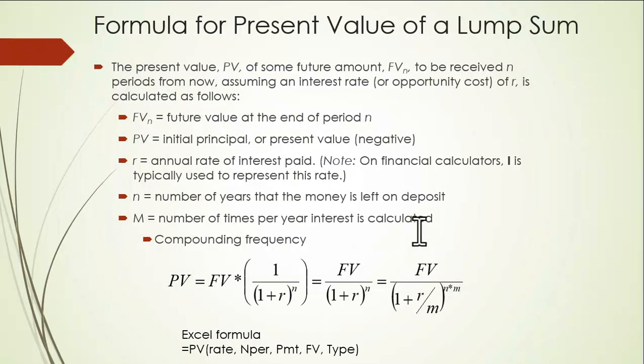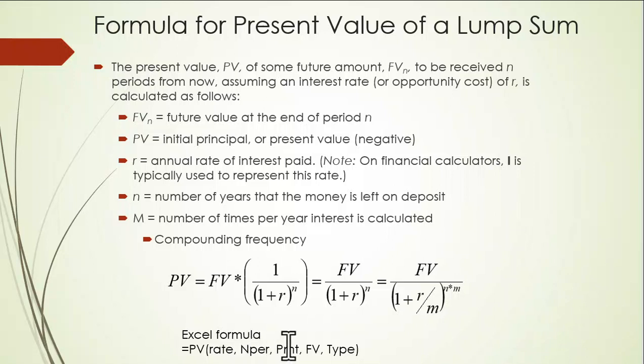So the formula we see here now is what? It's the future value divided by what is referred to here as an interest factor, right? So the present value interest factor is really 1 divided by this. So it's the future value times 1 divided by that. In Excel, the difference here is present value instead of future value.